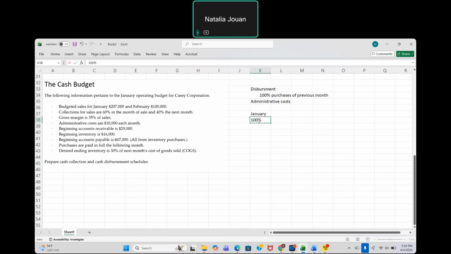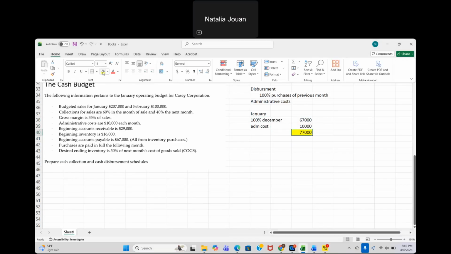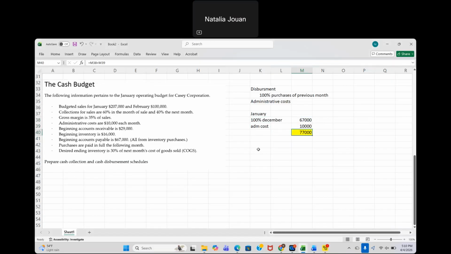So 100% of December purchases sitting in accounts payable, 67,000, plus the administrative costs, which we're being told are 10,000. Total disbursements for the month of January are 77,000. Very easy, right? Now, the month of February is a tiny bit more complex because we don't have an accounts payable waiting for us.